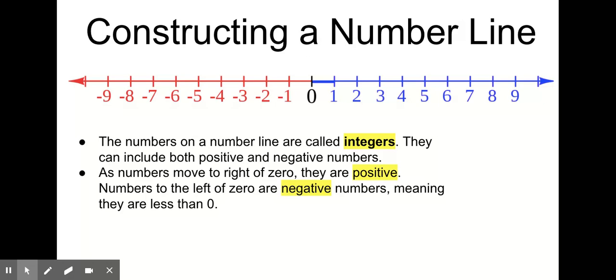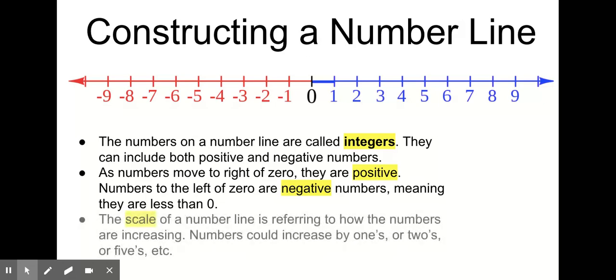That means that they are less than 0. Eventually we will get to ordering some of these numbers. If I was ordering -5 and comparing it to 4, then -5 would be less than 4 because it is a negative number.